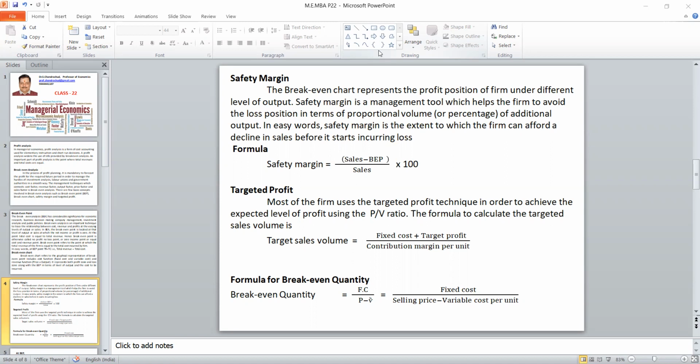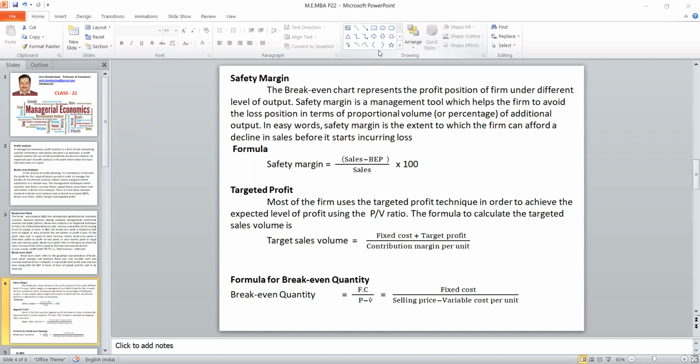Because the expected level of profit is based on the profit volume ratio. This profit volume ratio is nothing but contribution margin, selling price minus variable cost per unit. So the formula to calculate the target sales volume is fixed cost plus targeted profit divided by selling price minus variable cost per unit, or contribution margin per unit. This is a technical term for the difference between selling price and variable cost per unit.